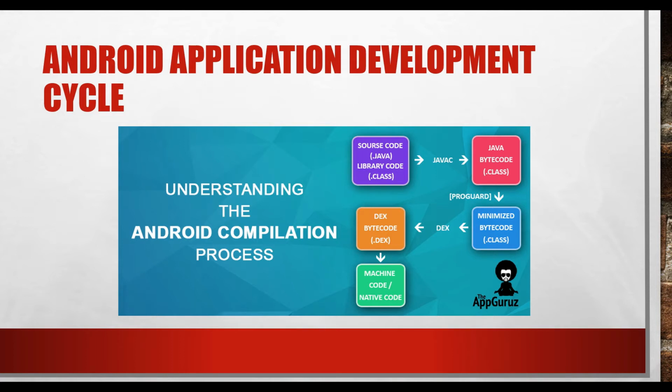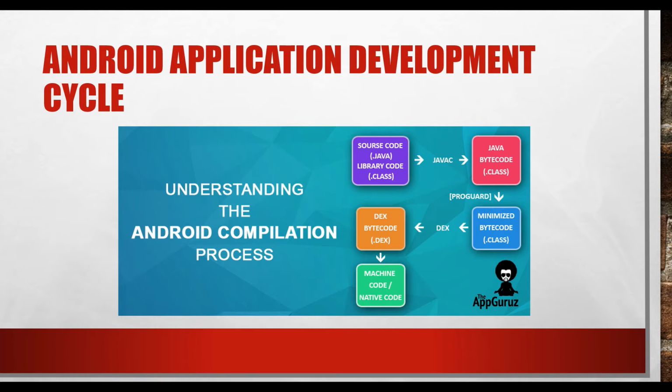The ProGuard is by default not enabled. Developers enable it in order to do code obfuscation and things like that. It is not mandatory to use ProGuard every time. If you are using it, okay. If you are not using it also, the final thing will be converted into DEX code. As I said, the DEX code is used by the DVM, the Android device, in order to execute an application.